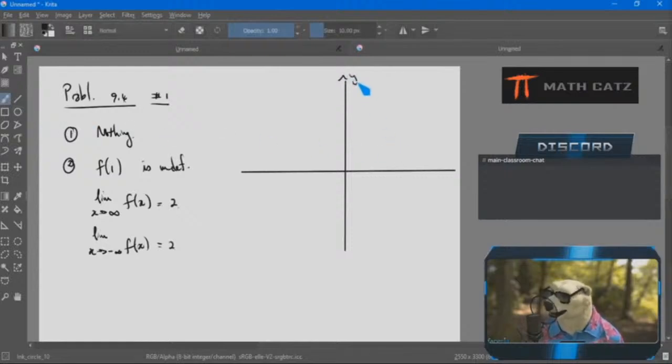Let's put it up here and see. Okay, so now for our kinds of functions, having the function be undefined will indicate that there is potentially a vertical asymptote there.